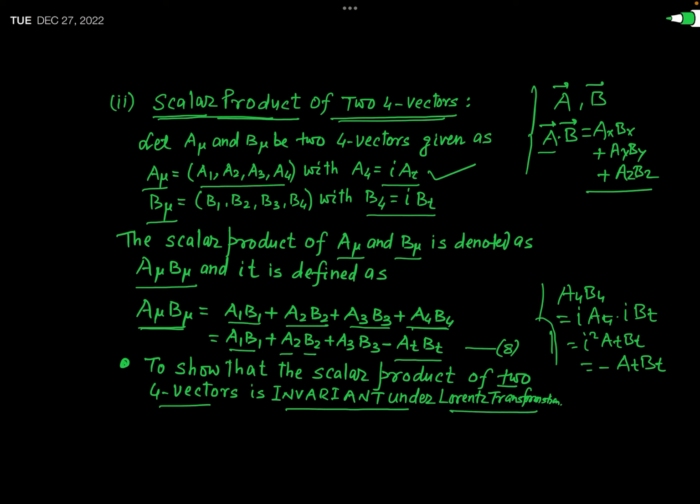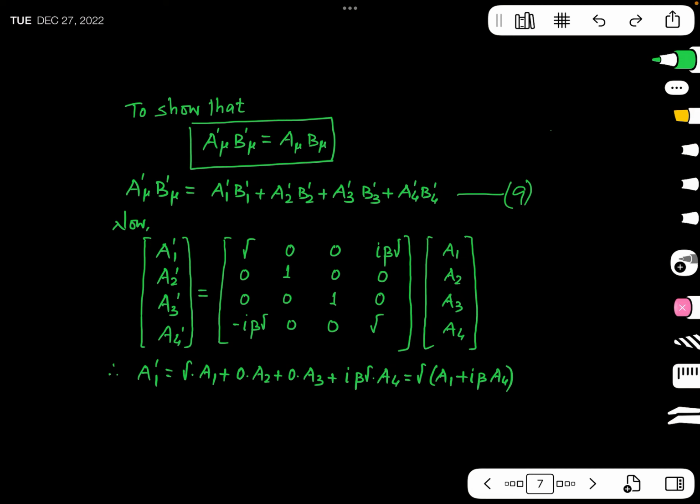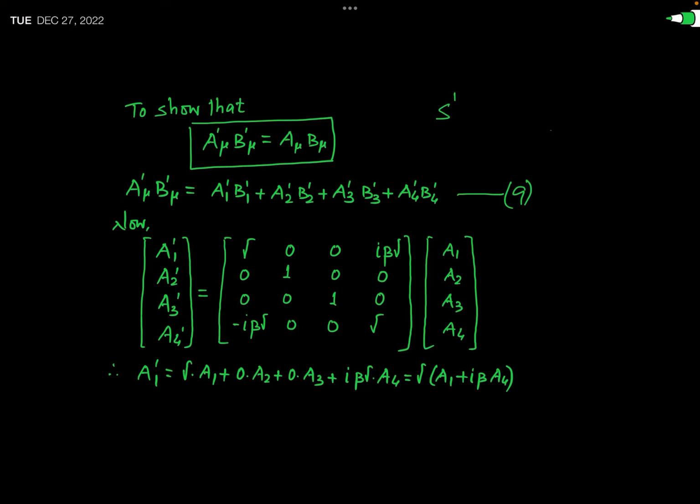When you say this, what does it mean? It means if the two 4 vectors in S prime frame are A prime mu and B prime mu.